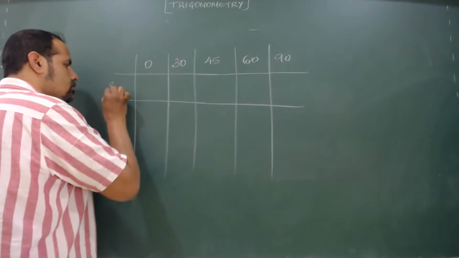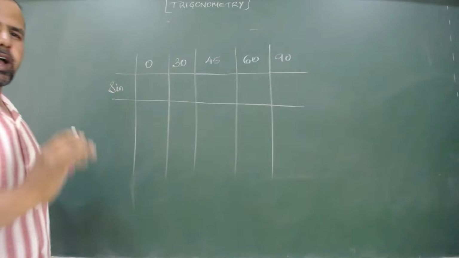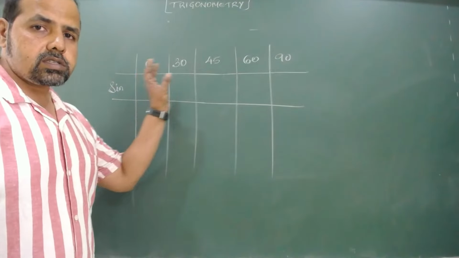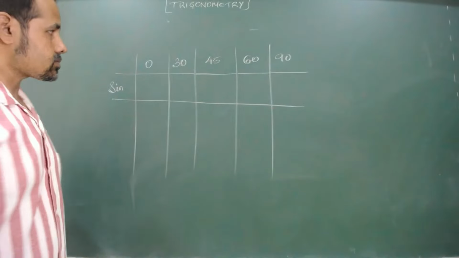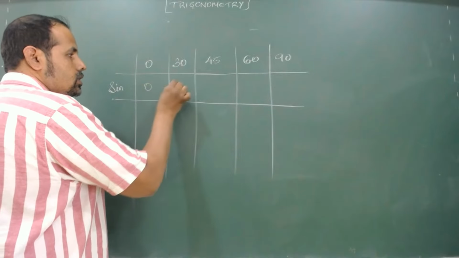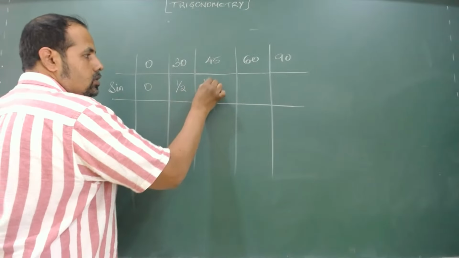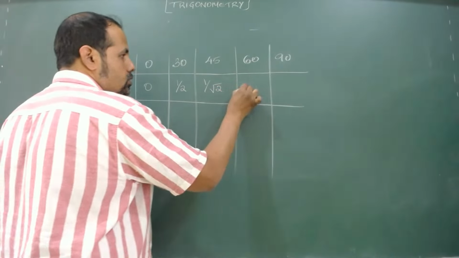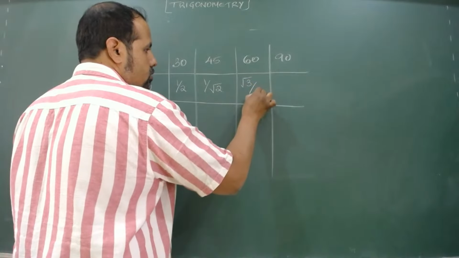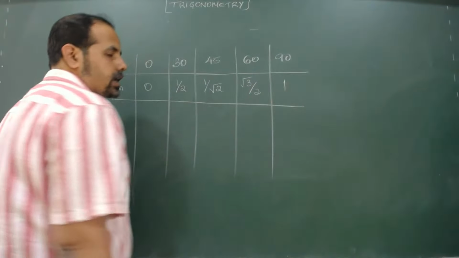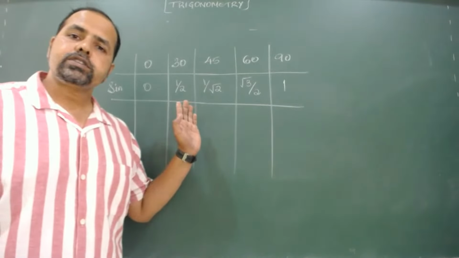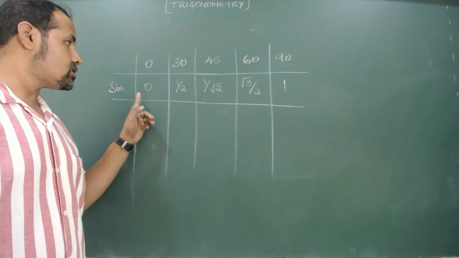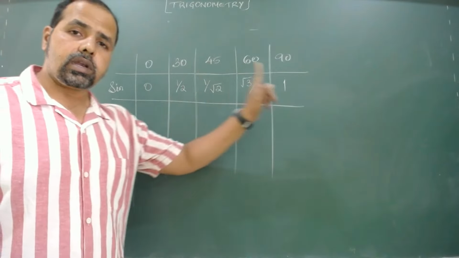You have learned that you have to remember the first row. For sine: 0, 1 by 2, 1 by root 2, root 3 by 2, and sine 90 is 1.